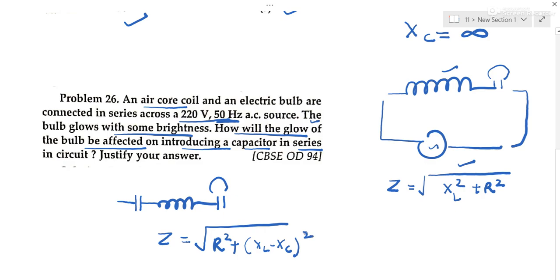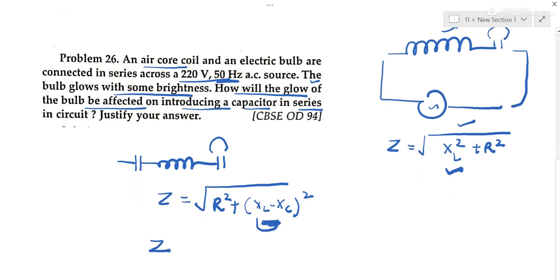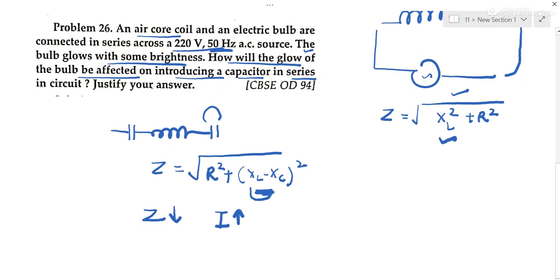So it means this quantity is decreasing. Earlier it was XL square, now it is XL minus something, squared. So opposition decreases, so current increases in the circuit, and hence the bulb will glow more brightly.